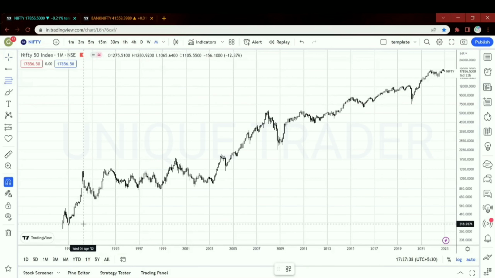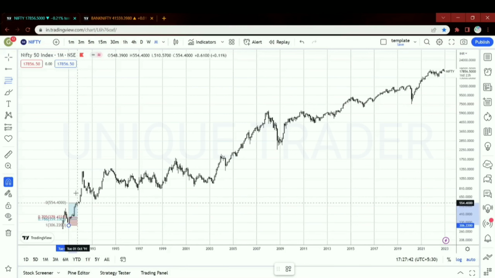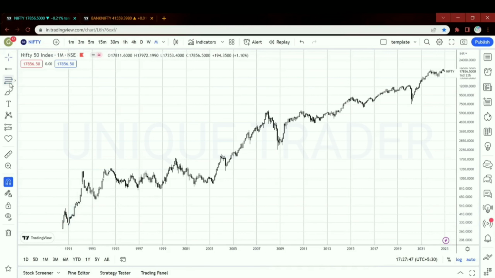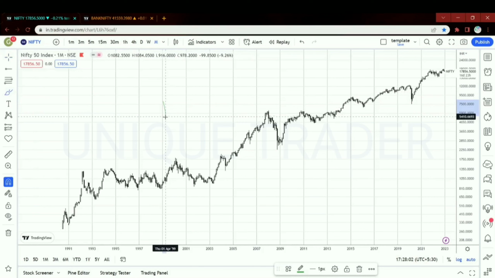Now we are going to pull the fib from the low end of the swing to the high end of the swing. Now if none of you know what a swing low or a swing high is, I'll be explaining that as well. So basically a swing low is made up of 3 candles. One candle which is the lowest and the 2 candles that are above it.